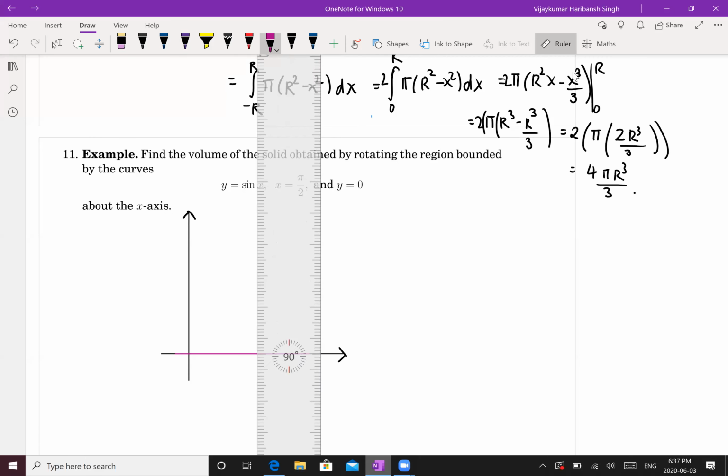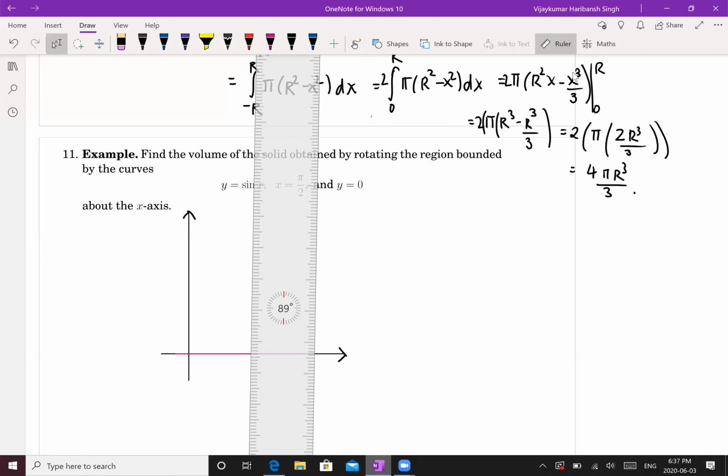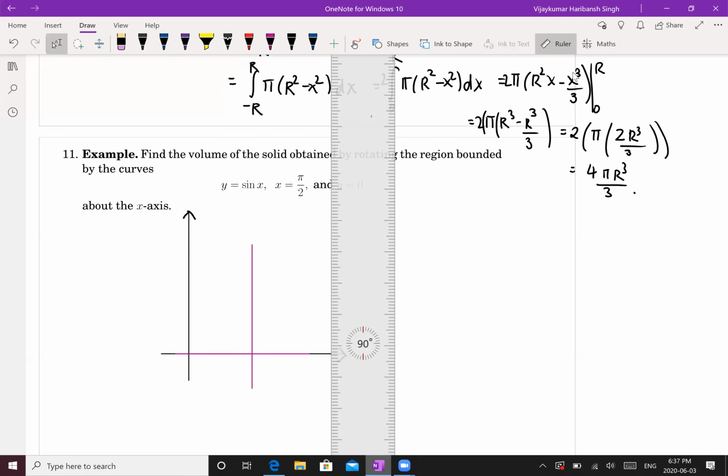So pi by 2 is somewhere here. And then the other curve is y equals sine x. So the sine x looks like this: if this is 1, at pi by 2 the sine x value is 1. So this is how the sine x will look.